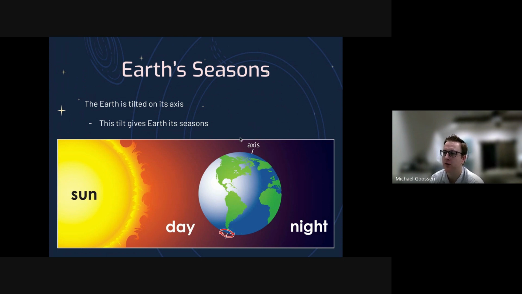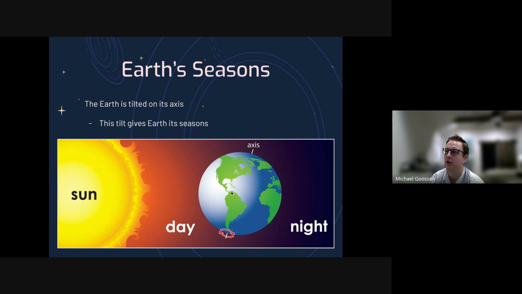But let's talk about Earth's seasons. Okay, so this bottom half of Earth is going to get more sunlight this time of year. So that means the bottom is in summer and the top is in winter, just like us right now here in America. We're in winter right now, so we don't get as much sunlight. We get more of the nighttime. We get less daylight hours.